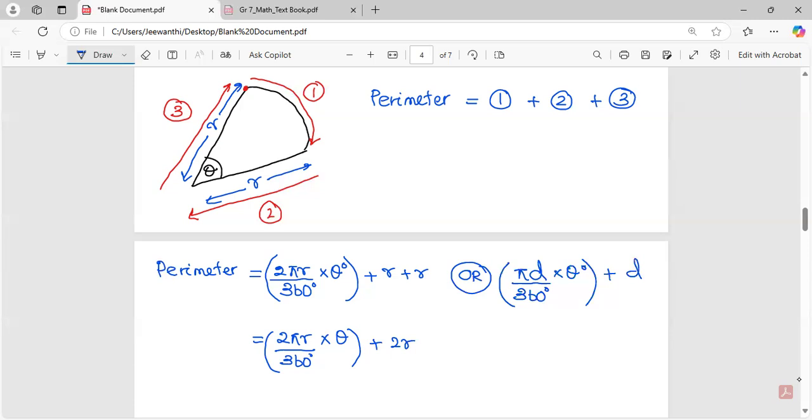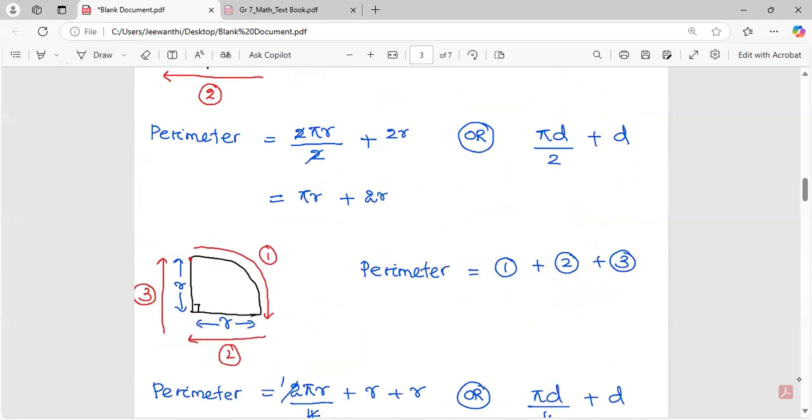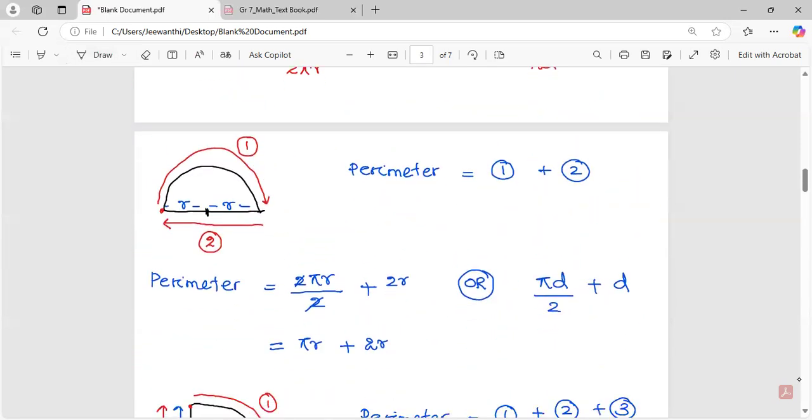So this is the equation for finding the perimeter of a sector. The theta value can be anything. First, inside the bracket, you solve the sector arc length, the curvy part, step 1. And for that, you add the 2r value or d value. So that is how we deal with the circumference or the perimeter of a circle.